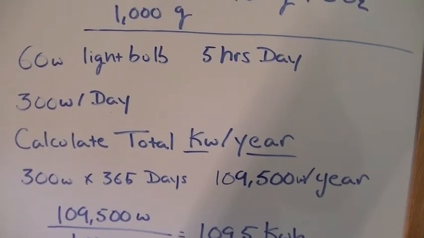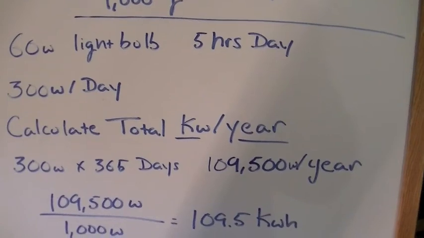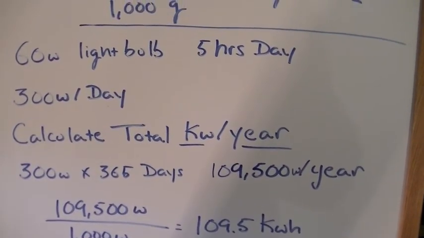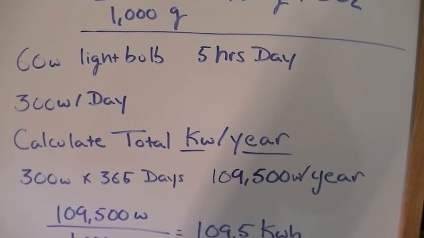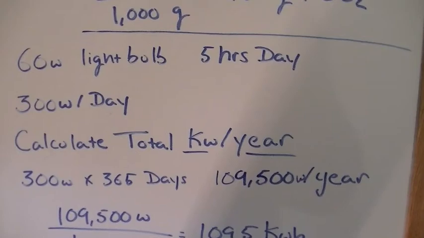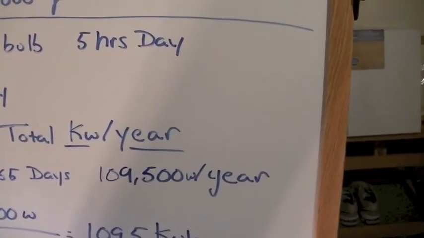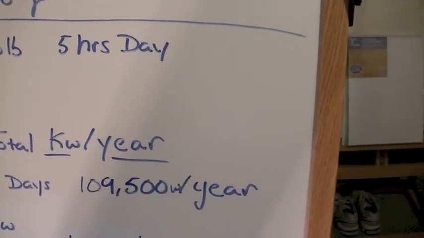All of a sudden, the AP people say, hey, calculate the total kilowatts a year. Started off in watts, now you need the annual kilowatt consumption. So here we have 300 watts times 365 days gives us 109,500 watts per year.